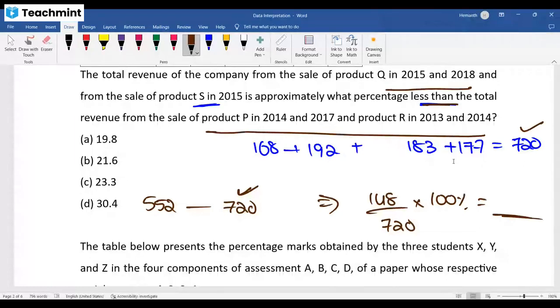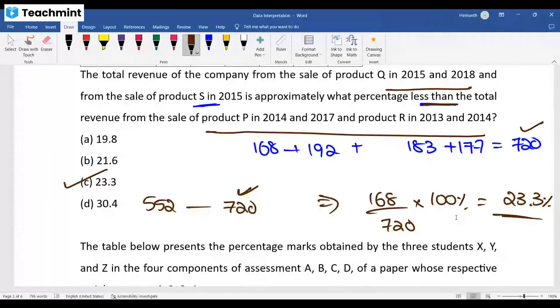The difference is 168. Thank you. I had taken 700 only. Okay, thanks for the correction. 168 divided by 720 is 23.3.